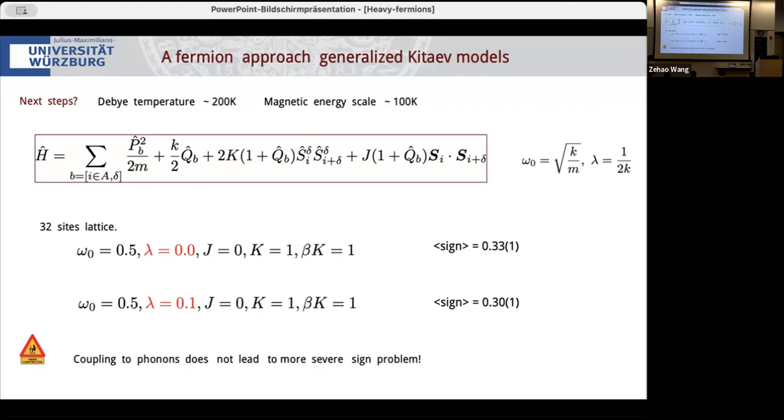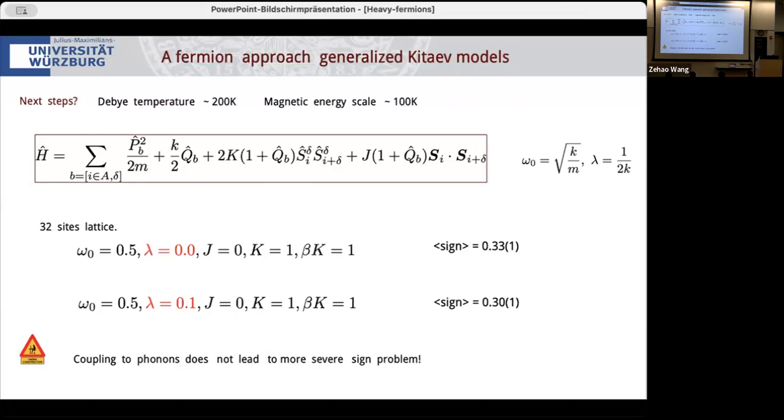And if we take 32 sites, and this is the sign we had for this, the electron phonon coupling is given. The sign was like this for 0.33 for this, which is for people who are doing numerics, no, this is not an issue. And then if you put in the electron phonon, lambda 0.1, then you have a sign which does not go down.